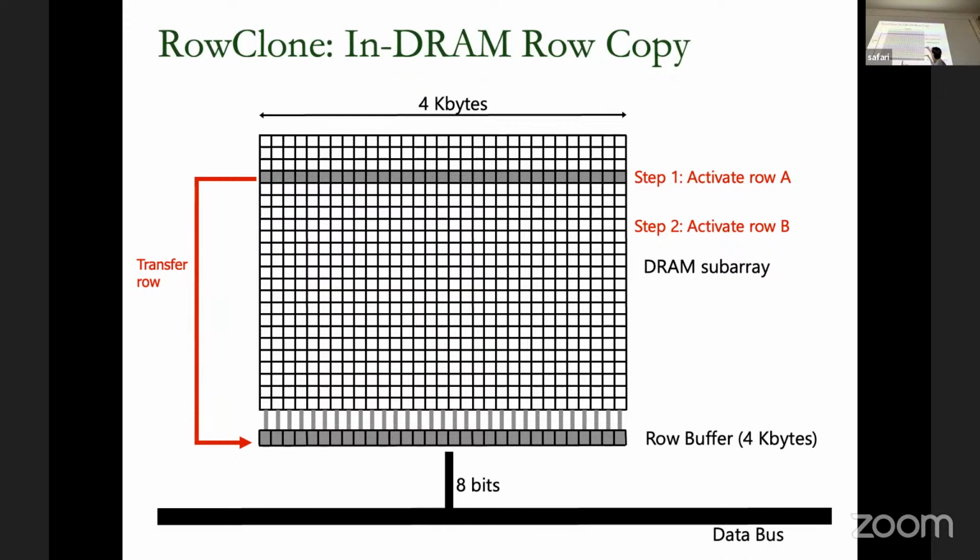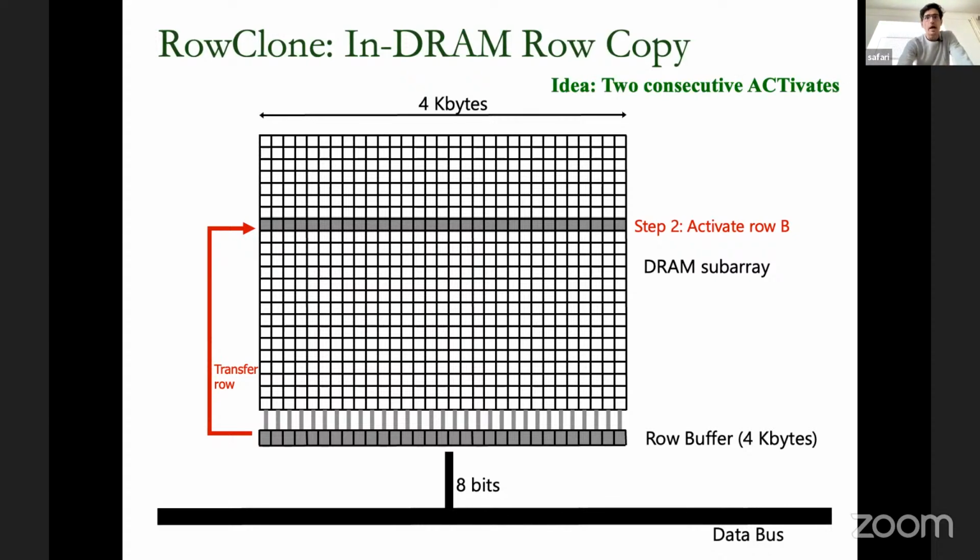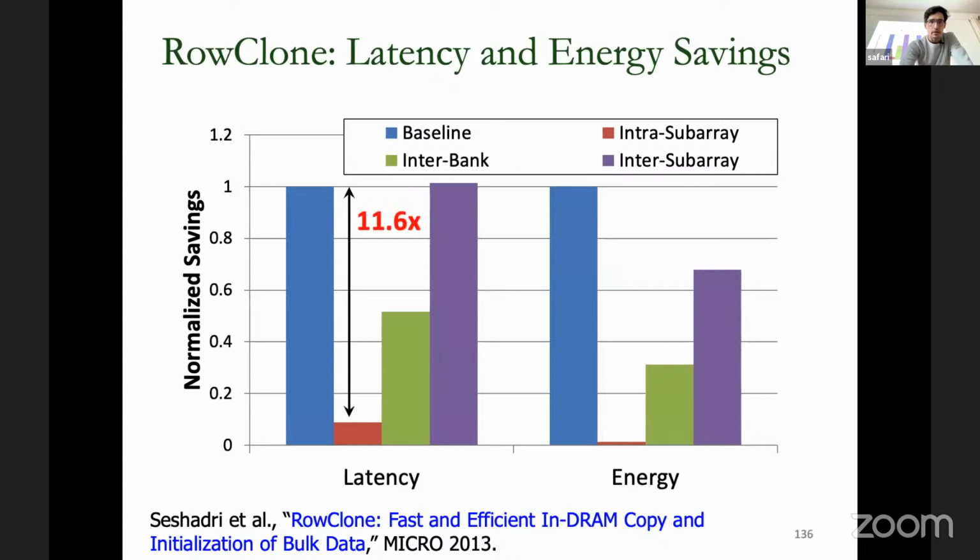If we now activate the destination row B, we will copy the entire row directly to the destination, right? So this is as simple as issuing from the memory controller 2 consecutive activates, at a negligible hardware cost, and potentially with great improvements in terms of latency and energy savings.